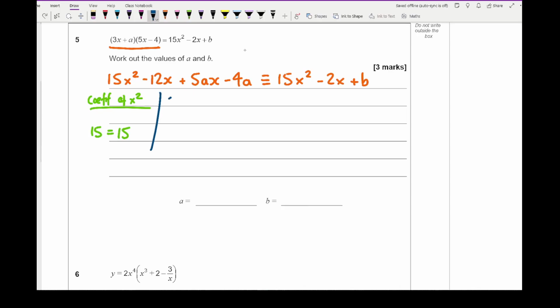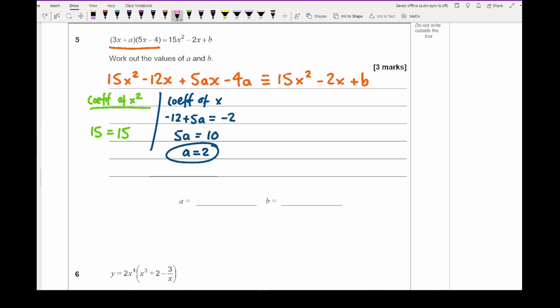Then we look at the coefficients of x, in which we've got minus 12 plus 5a equals minus 2. So solving this, we end up with 5a equals 10, so a equals 2.